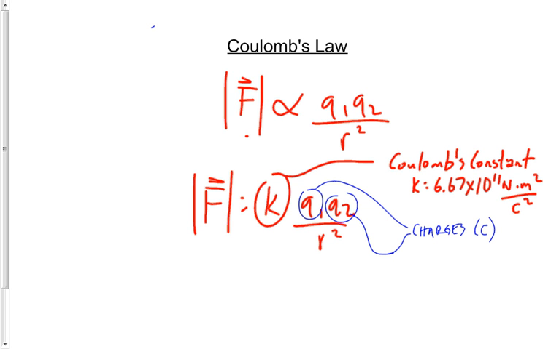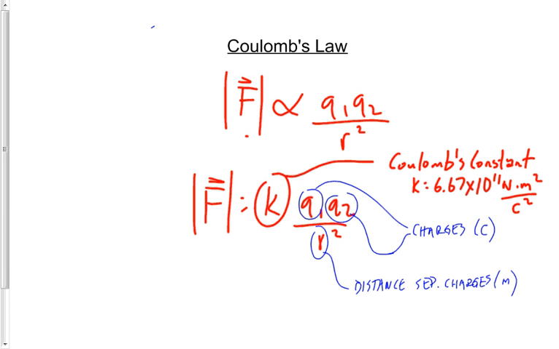They're the charges, charge 1 and charge 2 in coulombs, and R would be the distance that separates the charges. And that distance is going to be measured in meters.